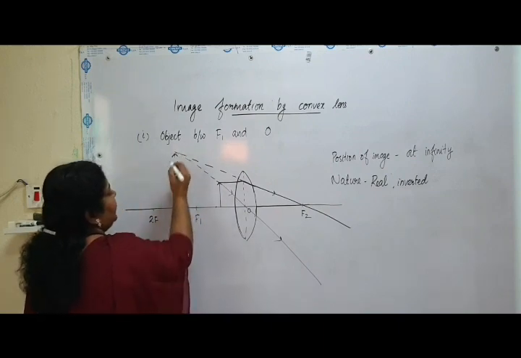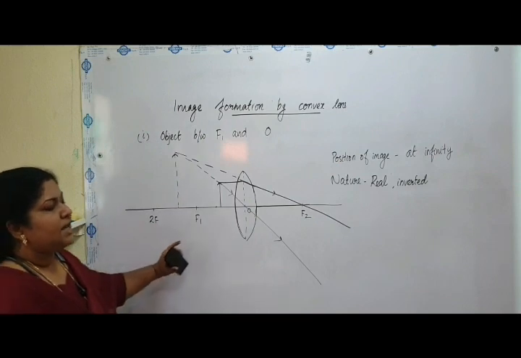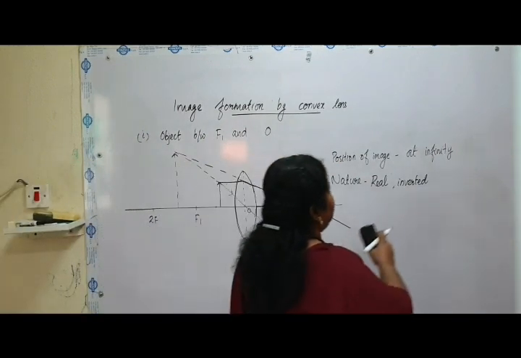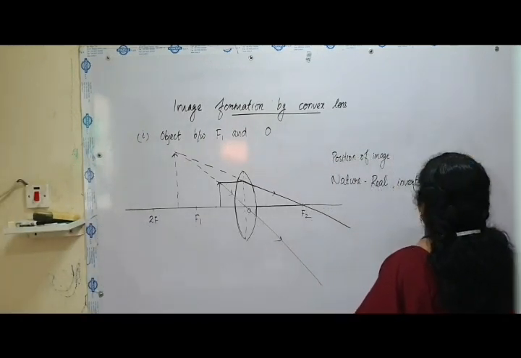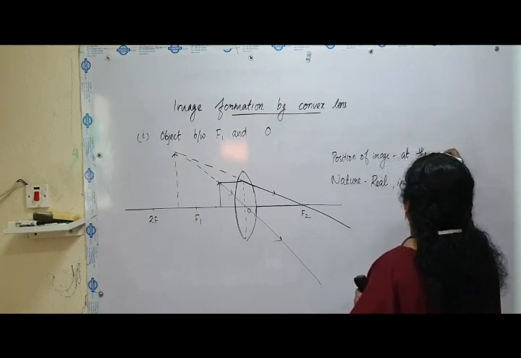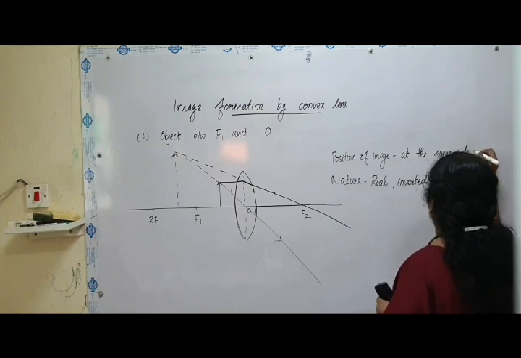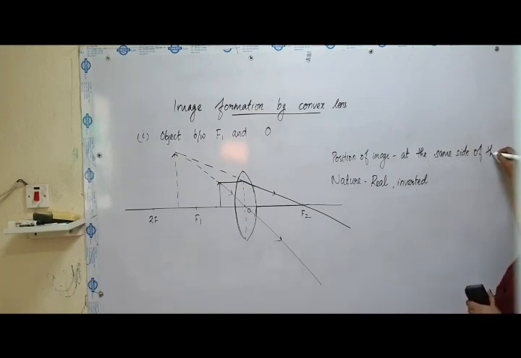So here you can see that a virtual, erect, magnified image is formed at the same side of the object. Position of the image: at the same side of the object.